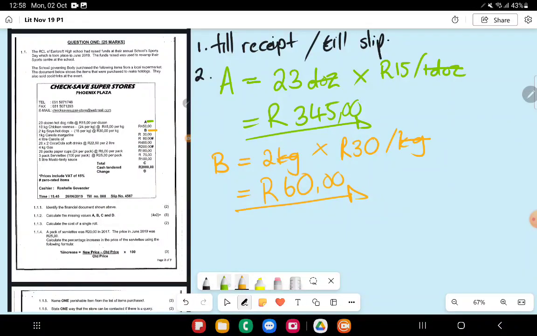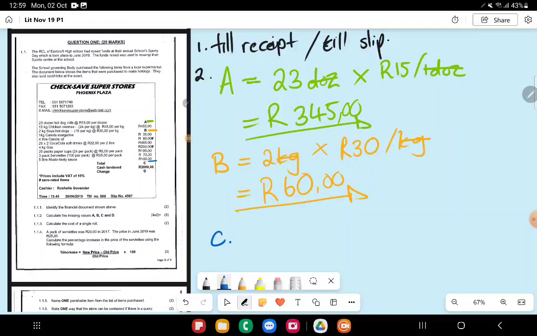Let's do C. Question C is over here, which is going to be our total. So for C, we need to add everything up. You are going to say 345 plus 450 plus 30 plus 60 plus 80 plus 450 plus 200 plus 180 plus 75 plus 100.